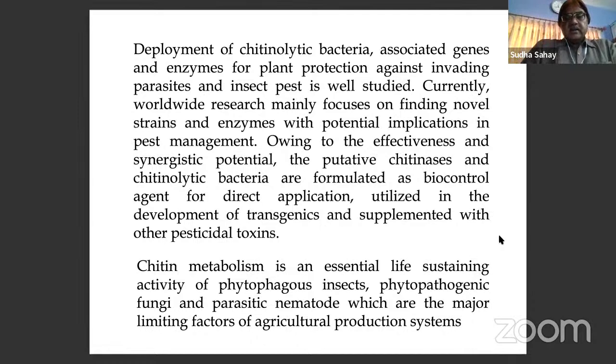But these formulations, or even the products in the market, are at a very primitive stage, and our database is a very good resource to give direction for this kind of research to develop a new formulation from that point of view. Next.